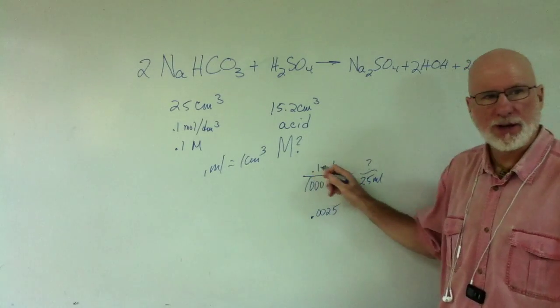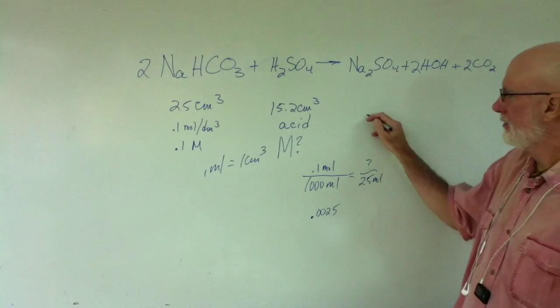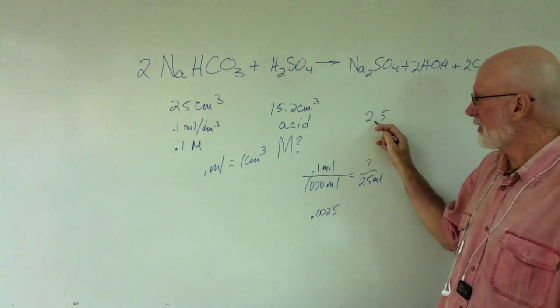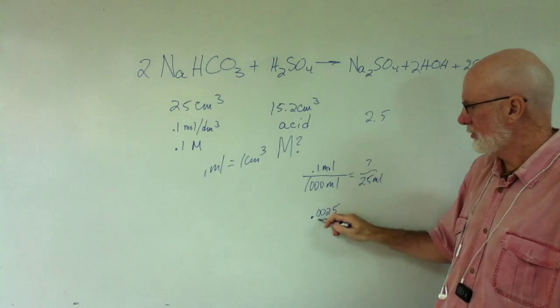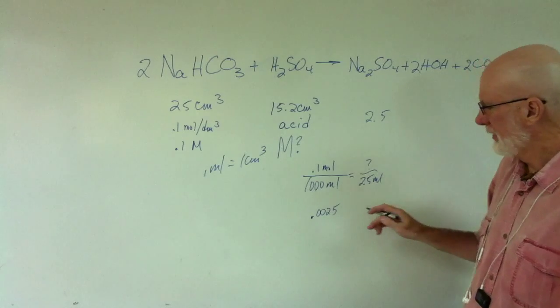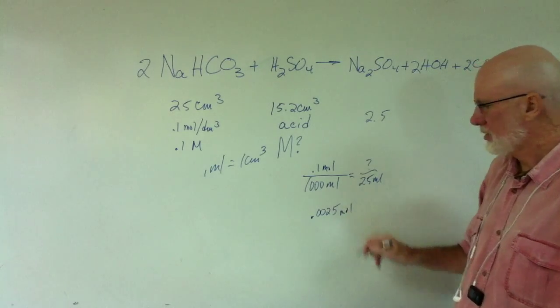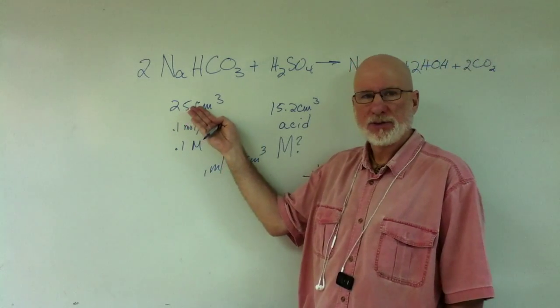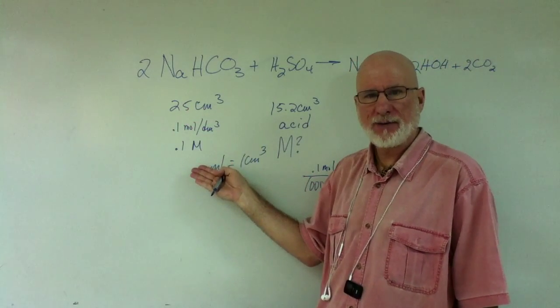Well, you know that 0.1 times 25 is 2.5, right? Divide by 1,000 is going to get smaller by 3 places, right? 2, 3. So it's 0.0025, right? Anyway, so that's how many moles that I had available, correct?